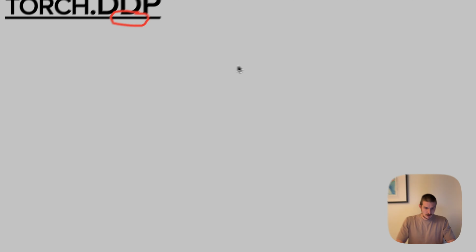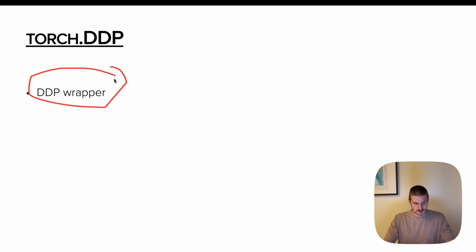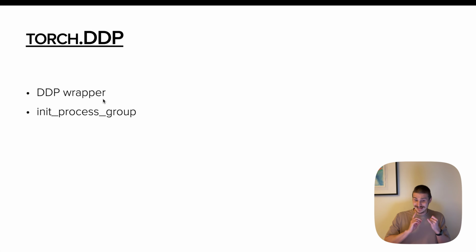So let's sum it up. Torch distributed data parallel: what it takes to parallelize your training with DDP. First of all, it's the easiest part: you just wrap your model in torch DDP. In addition to that, you will need to initialize your distributed process group, basically calling some code from torch.distributed and providing it with total world size, rank, master address, and master port.